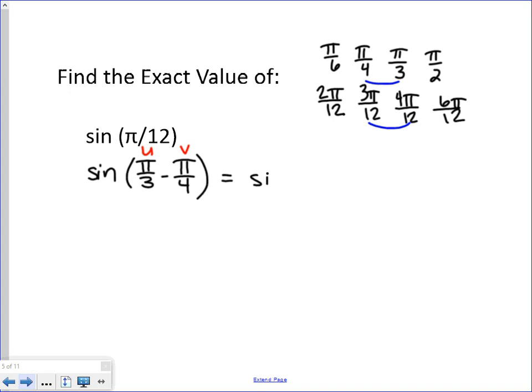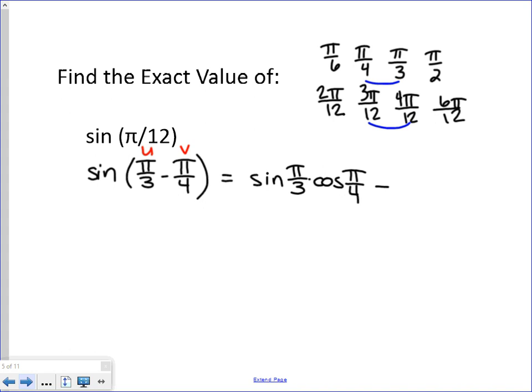Sine of u times cosine of v. So I'm just following the formula. And then I have to look at this sign. This is a difference of two angles, and the sine formula tells me I should use a subtraction sign.